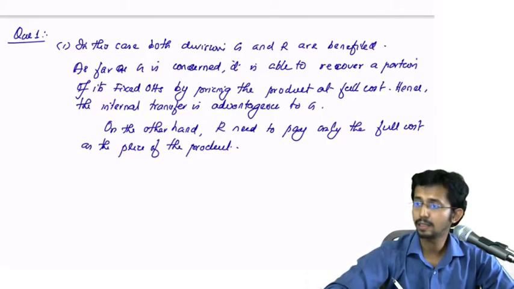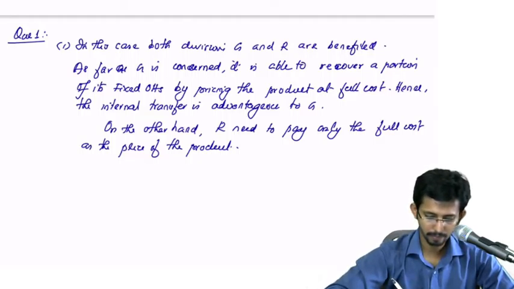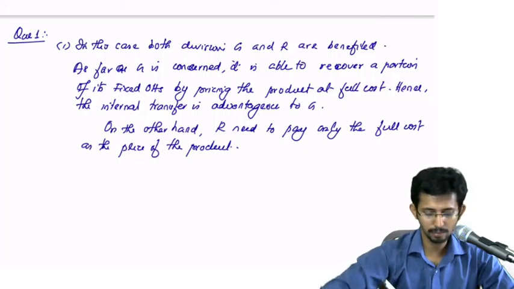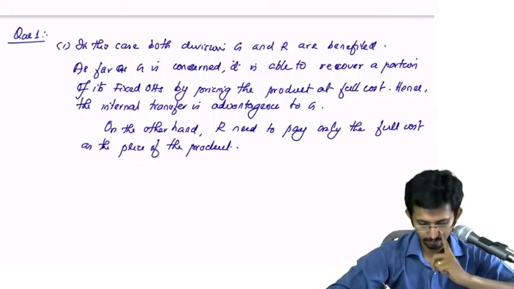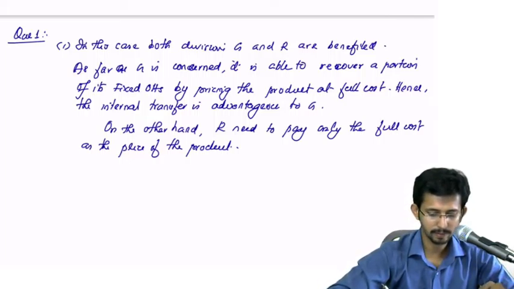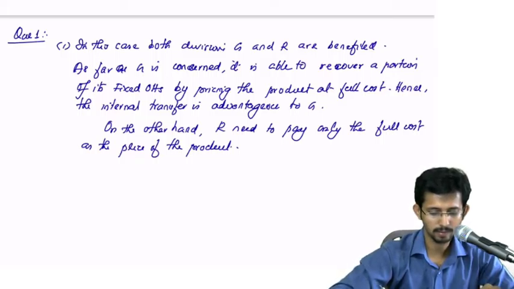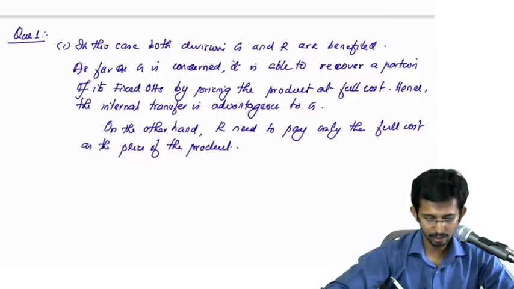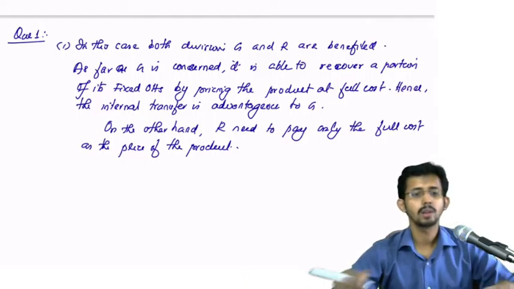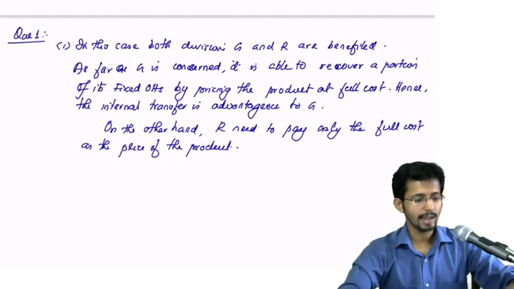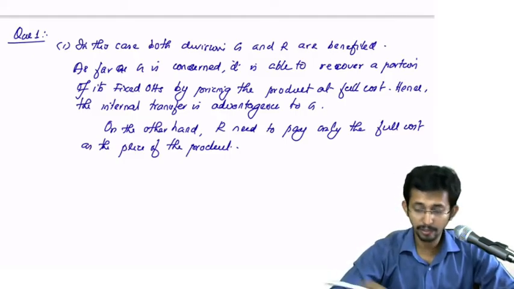For internal transfer, division R is able to get this product at a transfer price lower than the market rate. Okay, so this is the explanation for the first sub question.